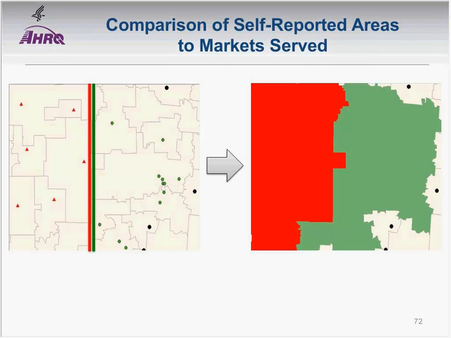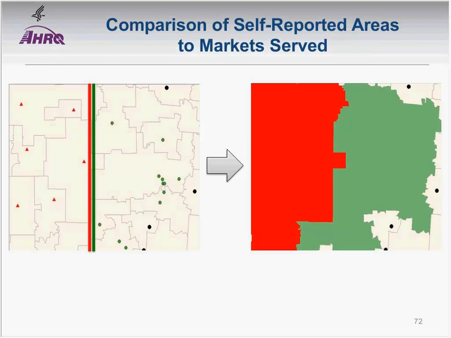We can also see how the market area definition can differ from the self-reported area, particularly in the case of the green HIO. Within that HIO's self-reported area, there are some hospitals that were participants, those would be the green circles, and some that were not. For this example, I use the black circles. Because those black circles don't participate in the green HIO, the green HIO doesn't get to claim their markets in their overall area.